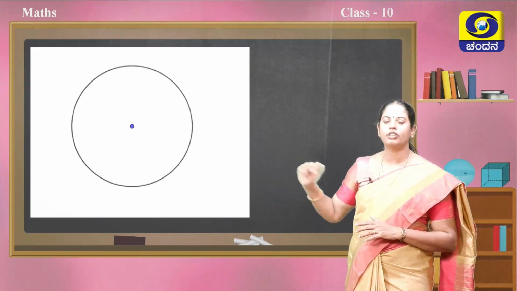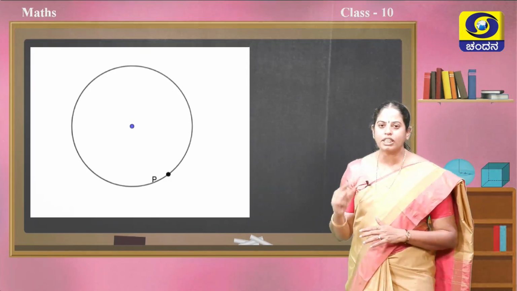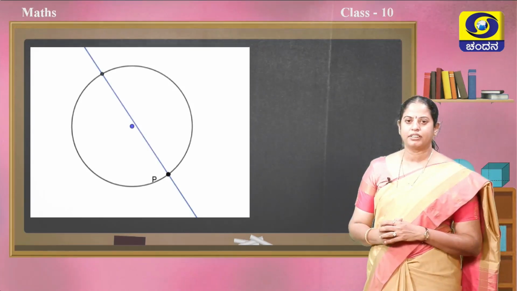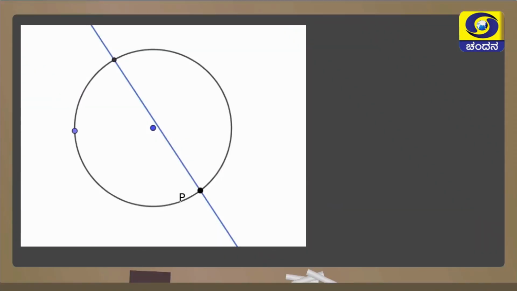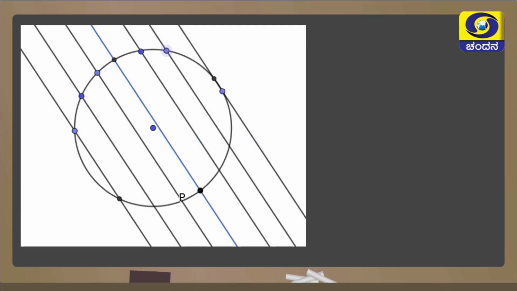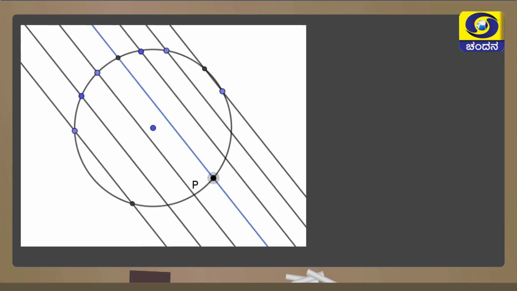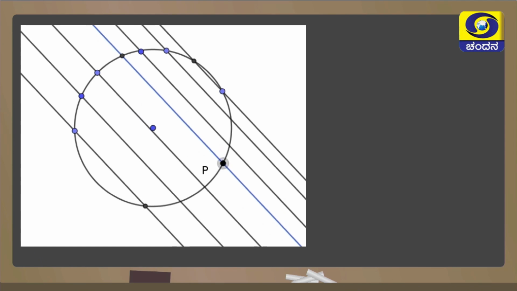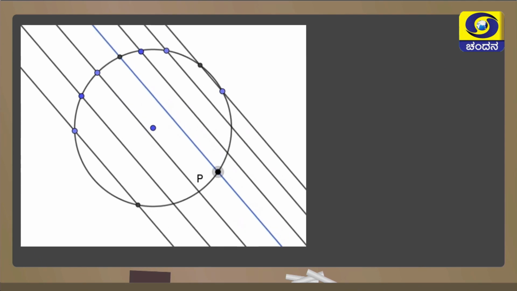One more video we will watch, and what is your observation? Record it, children. Now, here one more secant is there. Yes. Now, I am drawing lines parallel to the blue line. For the blue secant, I have drawn parallel lines on either side.